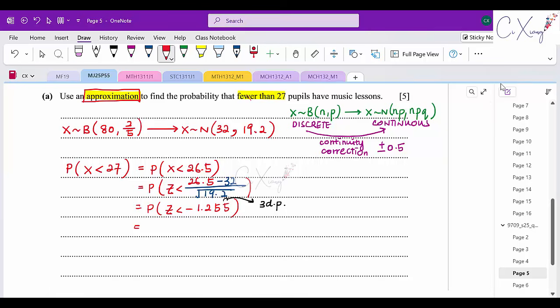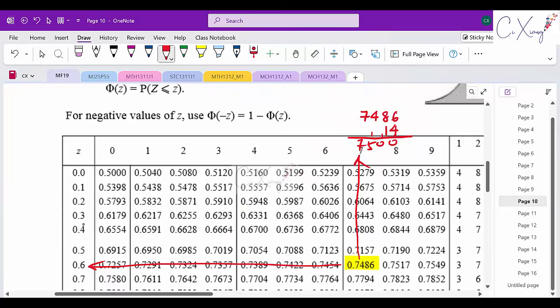Then after that, you can try to draw the diagram to see which area is the same as this one. I know that this area is the same as 1 minus the probability of z smaller than 1.255. Now I want to get the value for this from the table, 1.255.